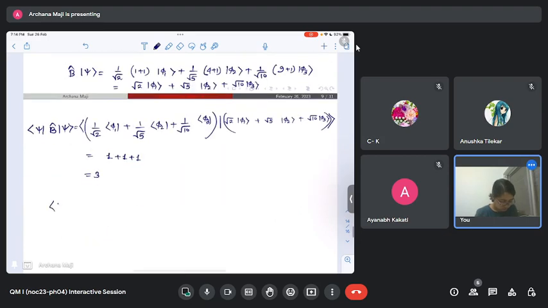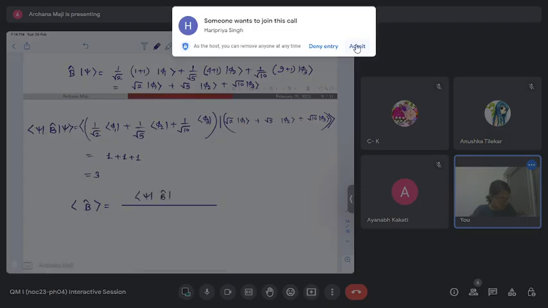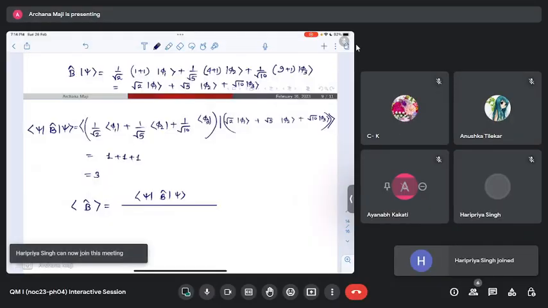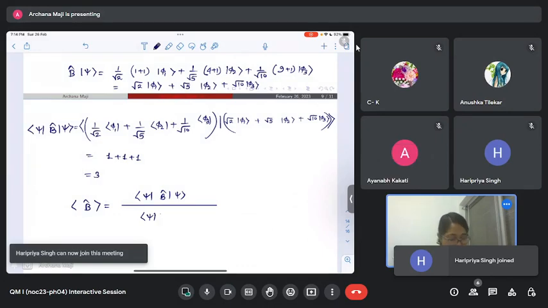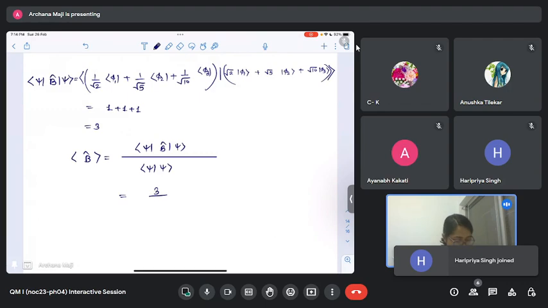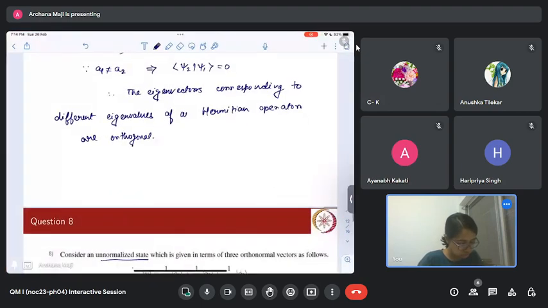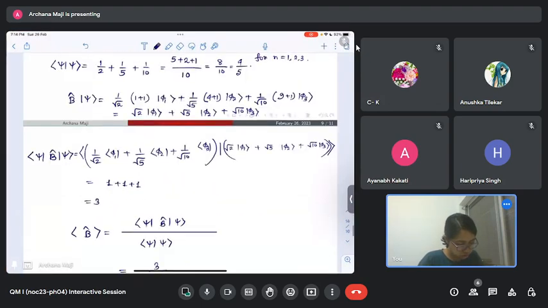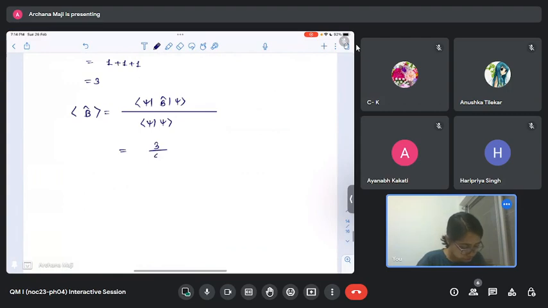So the expectation value of B is the inner product, 3 divided by 4 by 5.